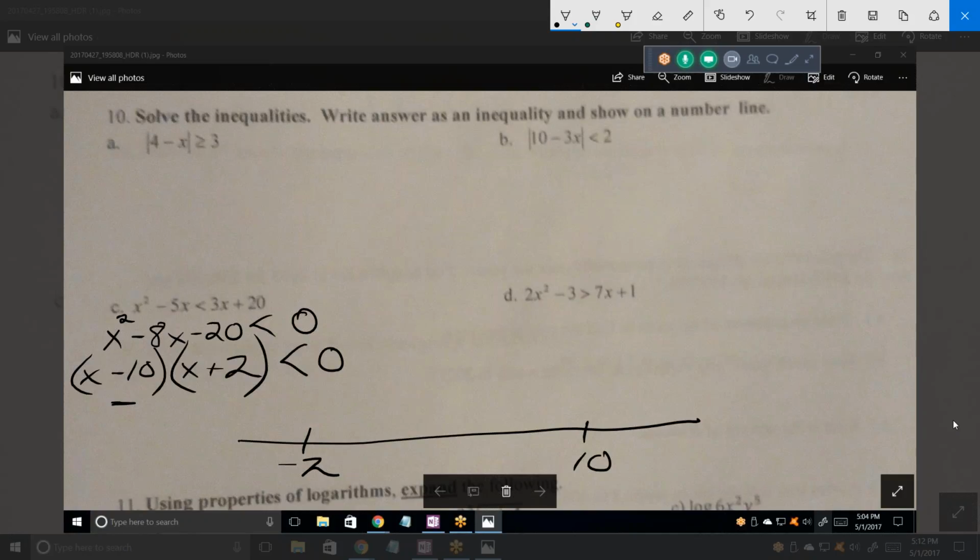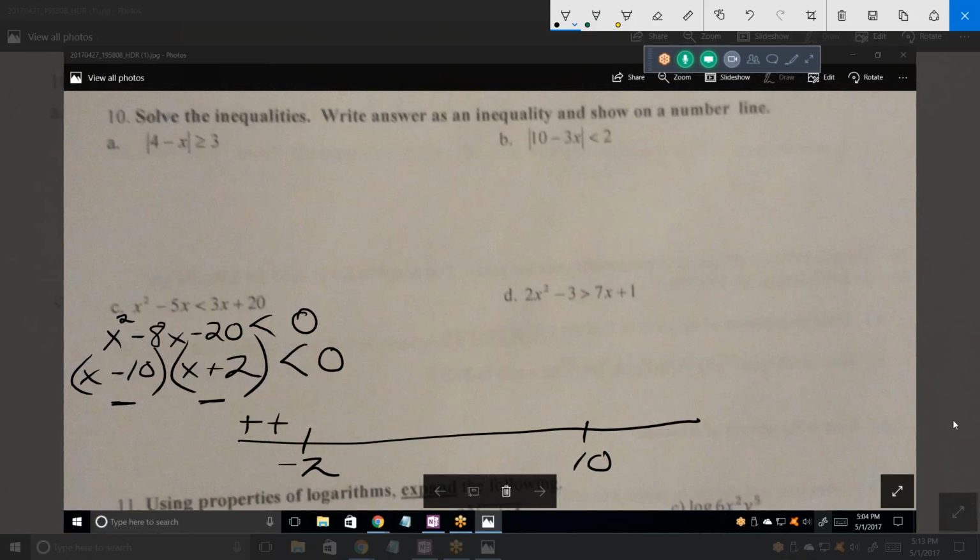You'll see why. What's the sign on the right term? Negative. Negative times a negative is a positive. What that tells us is that any value I use to the left of -2 is going to give me a positive answer for this quadratic. Now let's pick a number between -2 and 10. Nice simple one, 5.